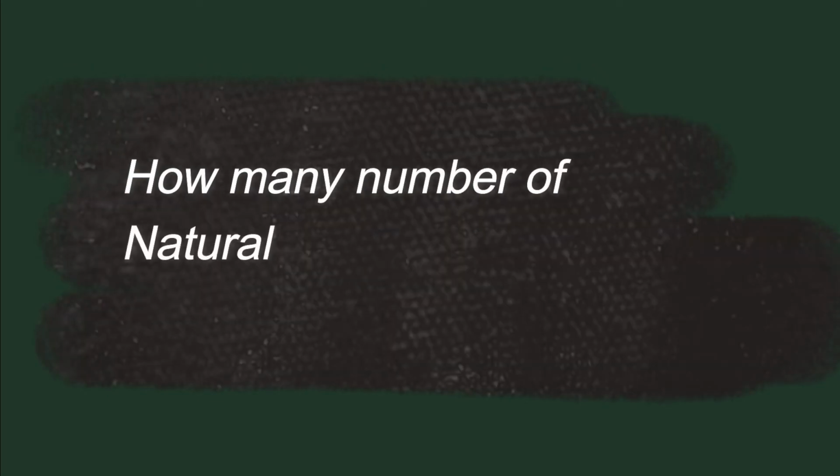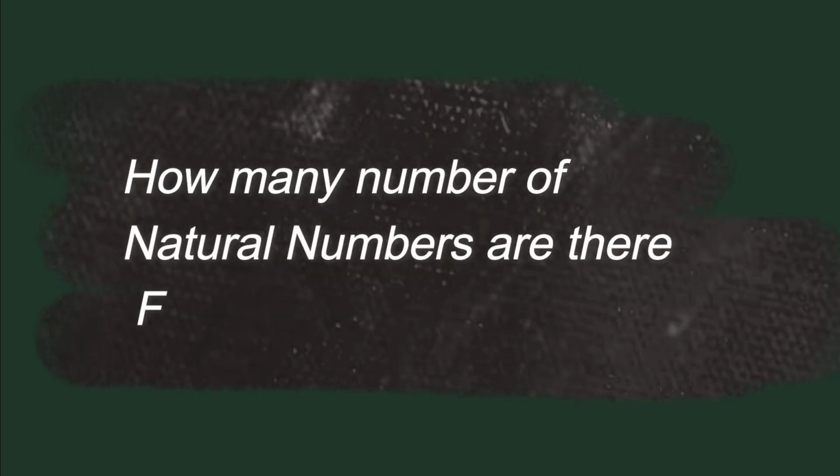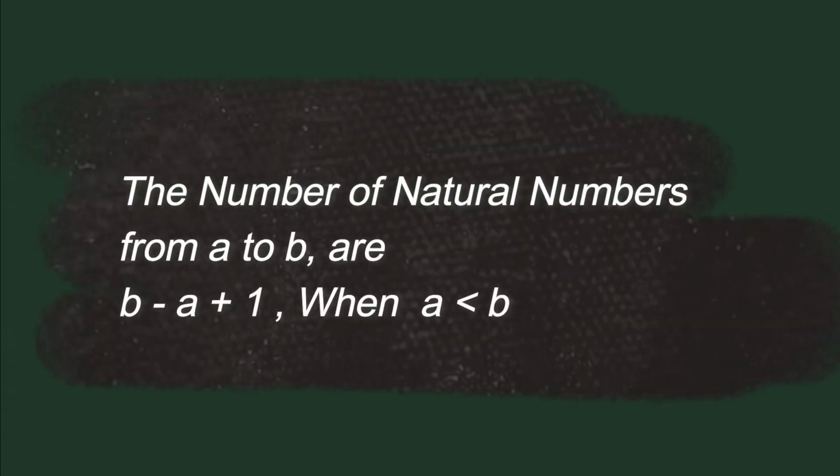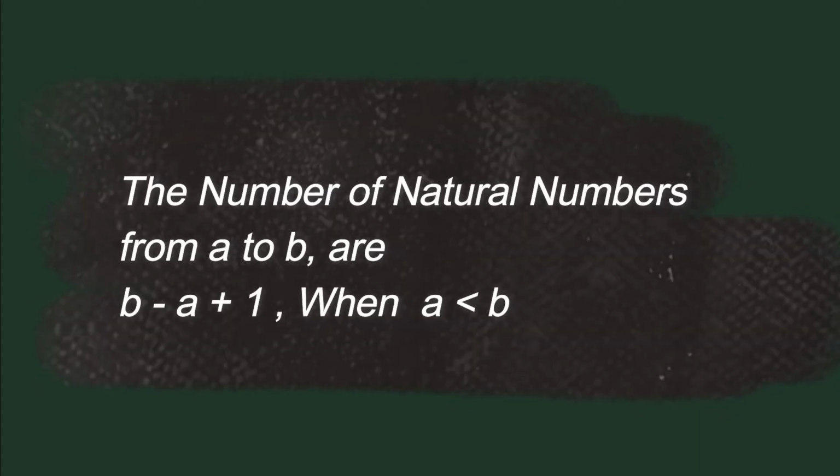How many natural numbers are there from A to B? The number of natural numbers from A to B is B minus A plus 1, when A is less than B. Example: find the number of natural numbers from 1 to 10.